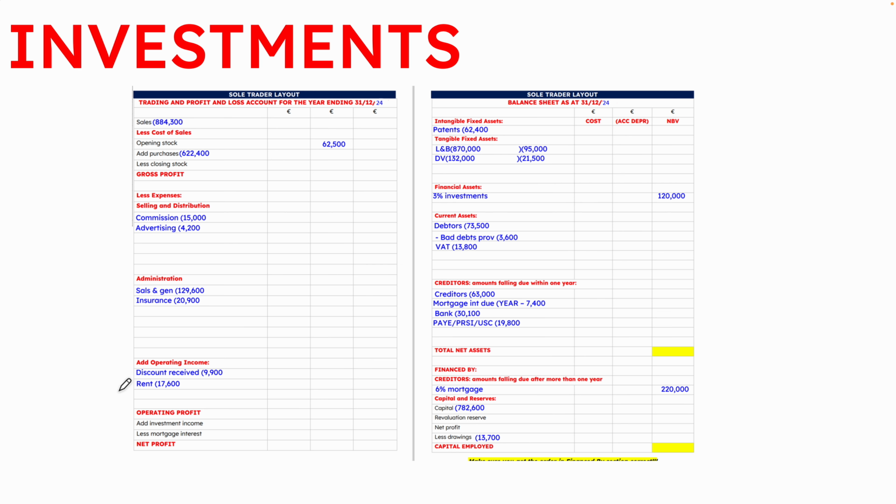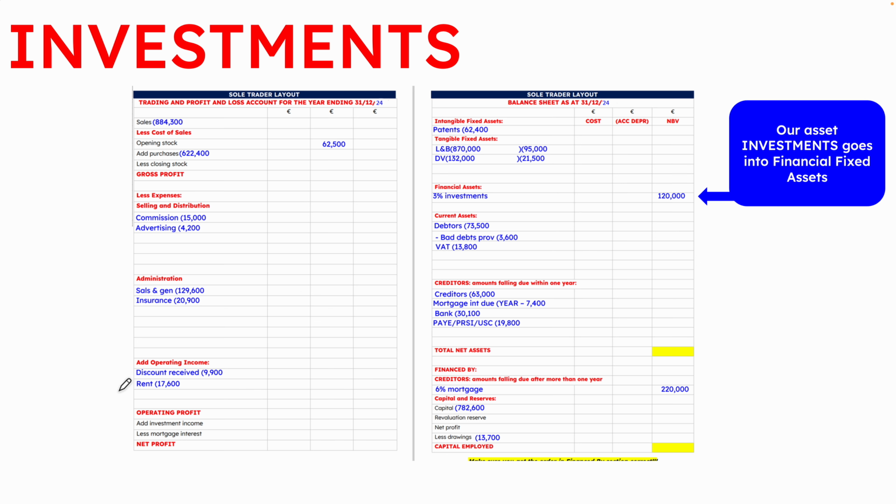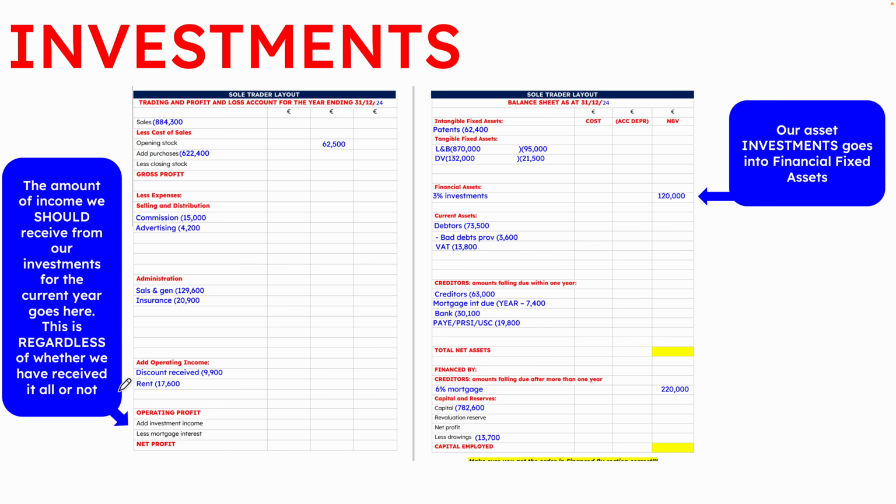So just to talk you through these, a reminder that the investments themselves, so this sole trader has investments, they go in the financial assets section of the balance sheet. Now, those investments yield 3%, and they were bought during the year, okay?